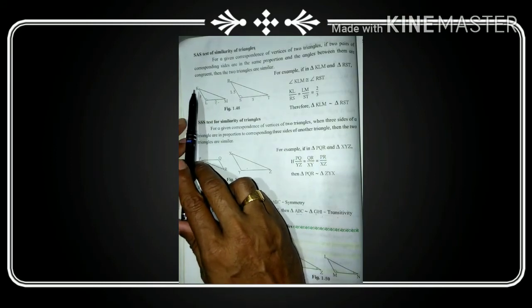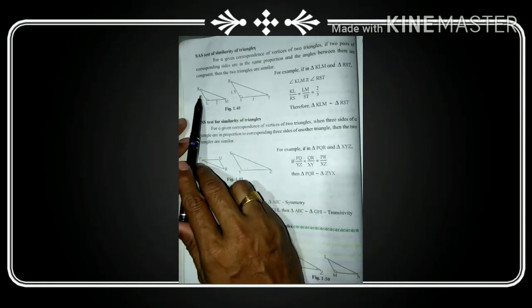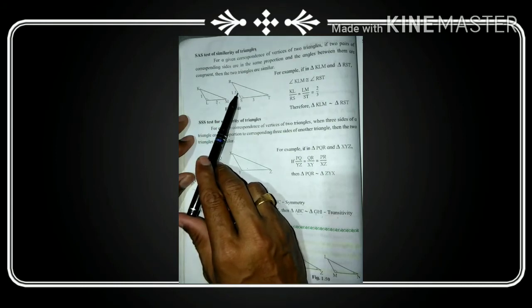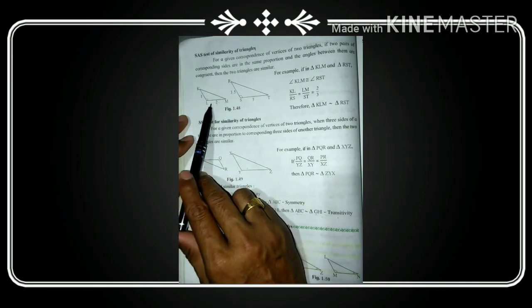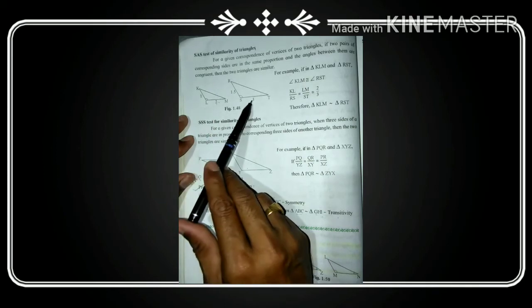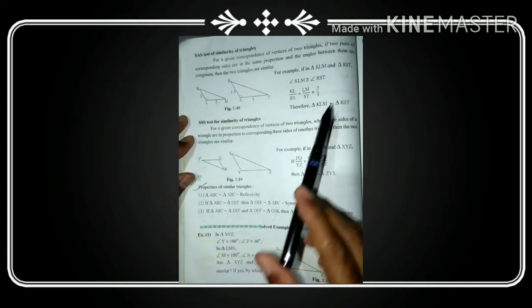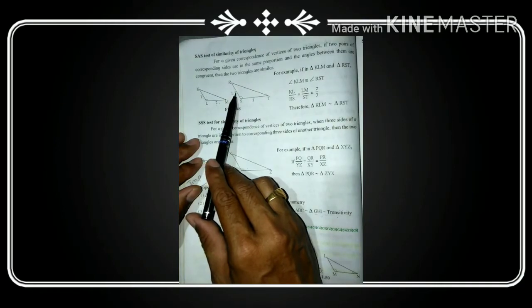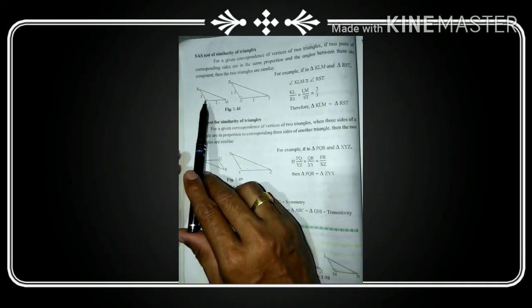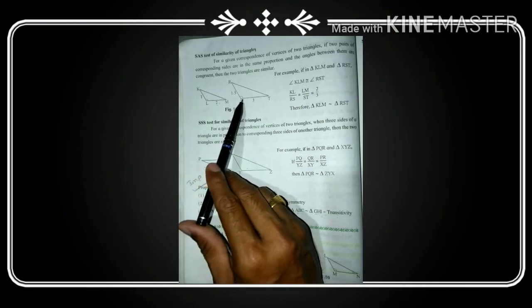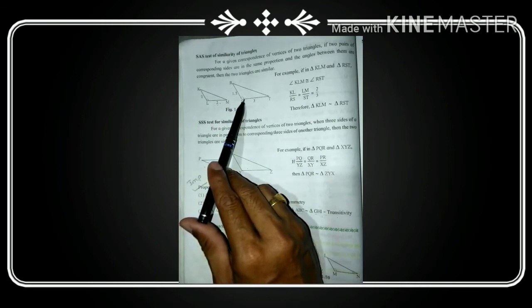Now listen here, in triangles KLM and RST, side KL is in proportion to the corresponding side RS, meaning KL upon RS. Similarly, side LM of the first triangle KLM corresponds to side ST, and hence these two sides correspond to these two sides, and the angle between these two sides is congruent to the angle of the second triangle.